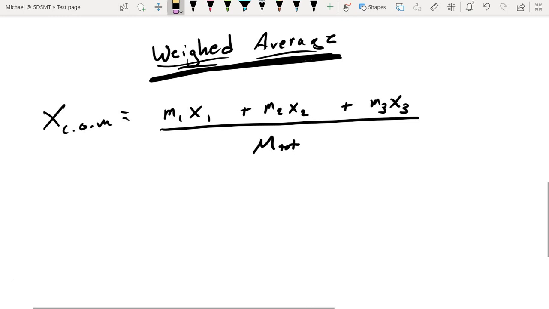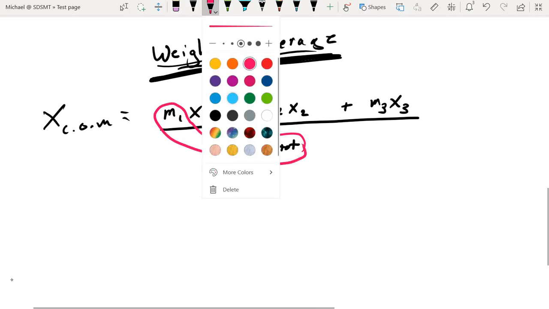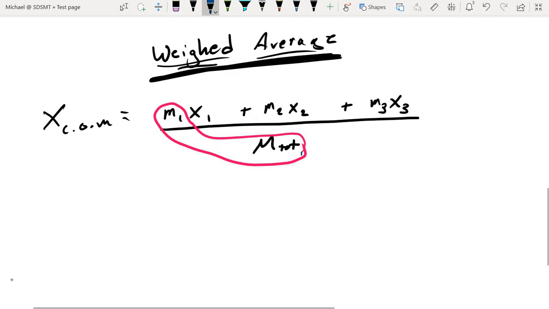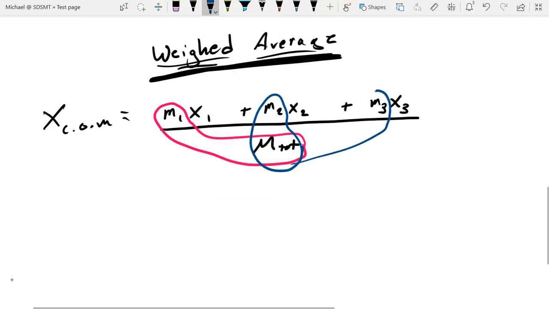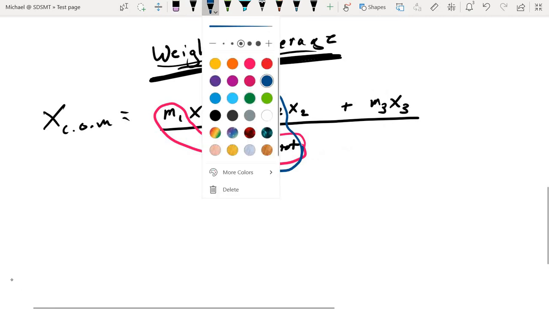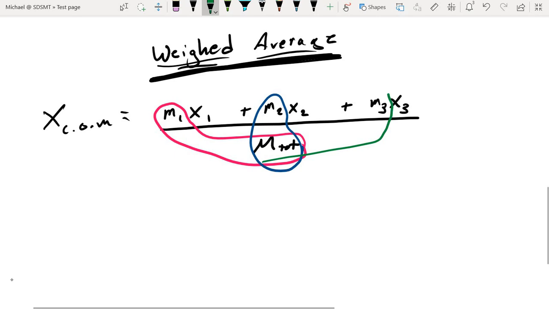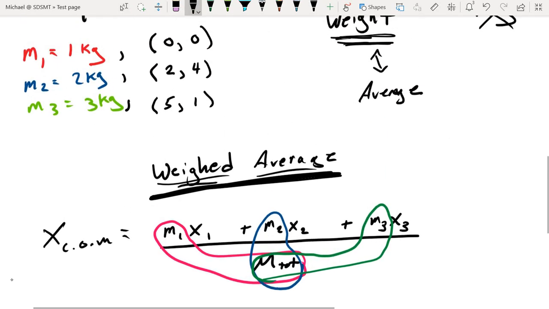So what does dividing by the total mass do? Well, keep in mind that every one of these terms is being divided by the total mass. If we take each of the masses and divide them by the total mass, let's see what we have for total mass first.